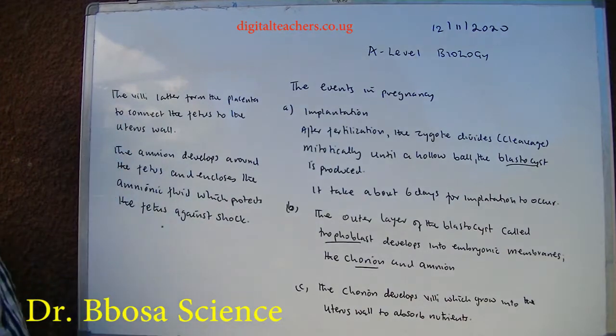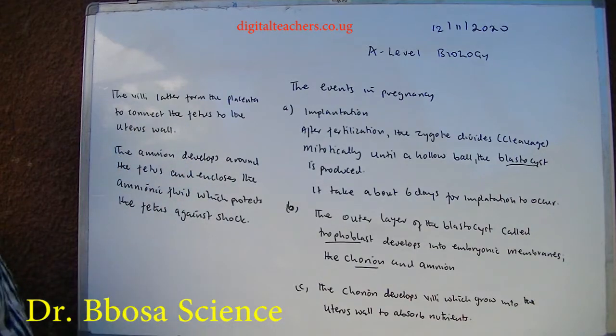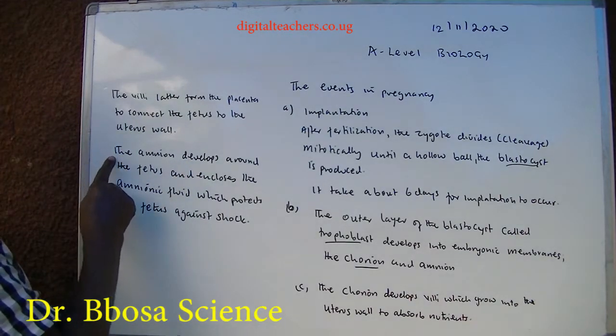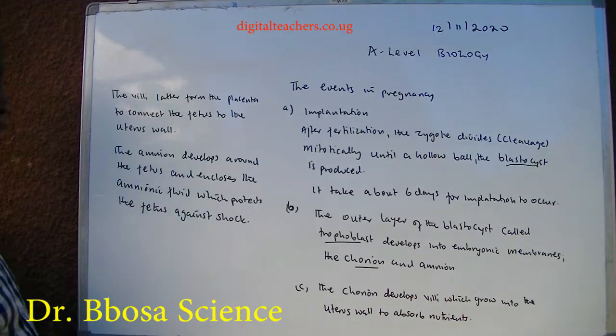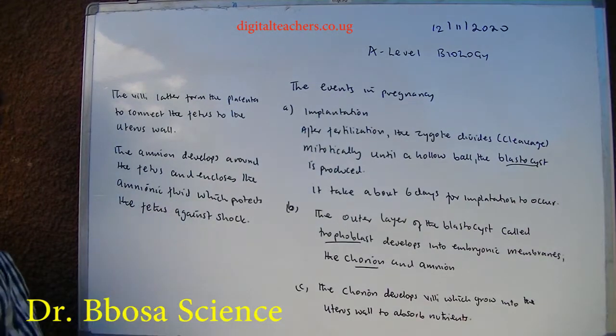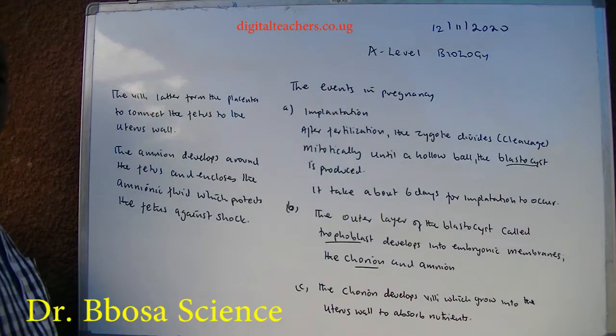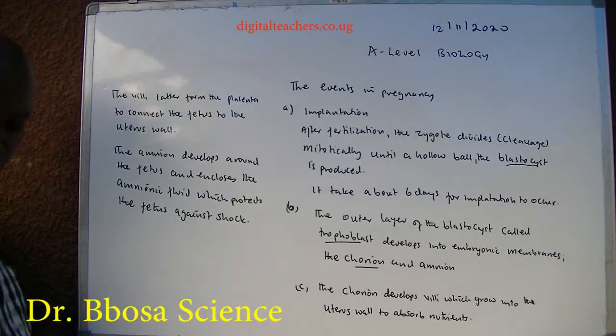The villi later form the placenta to connect the fetus to the uterine wall. The amnion develops around the fetus and encloses amniotic fluid, which protects the fetus against shock.